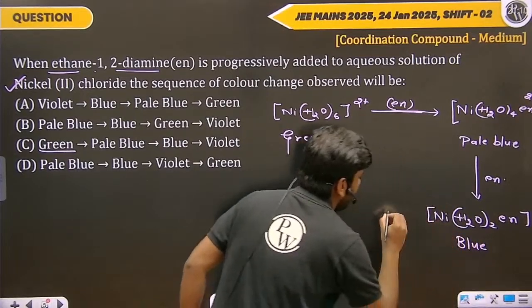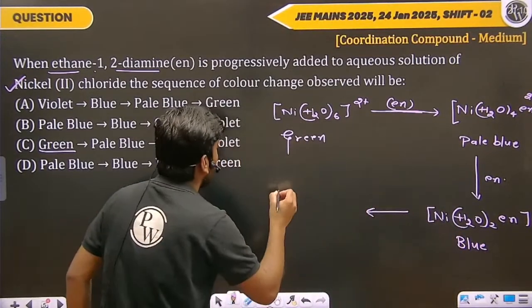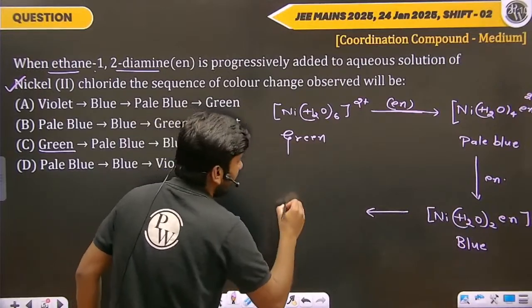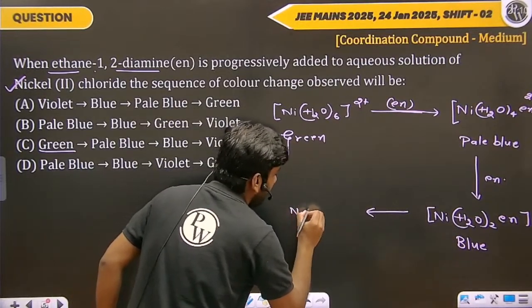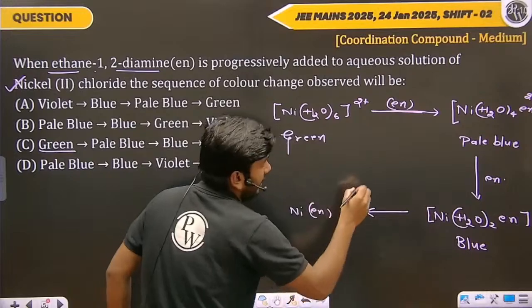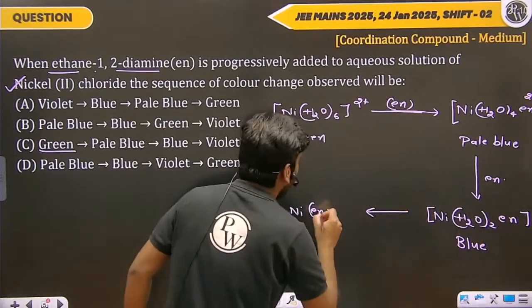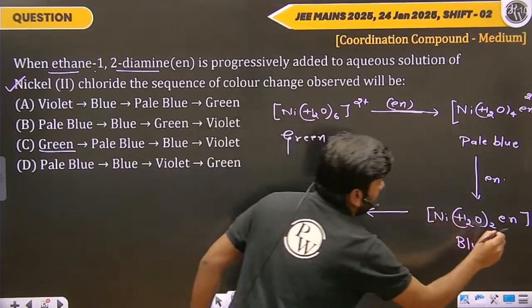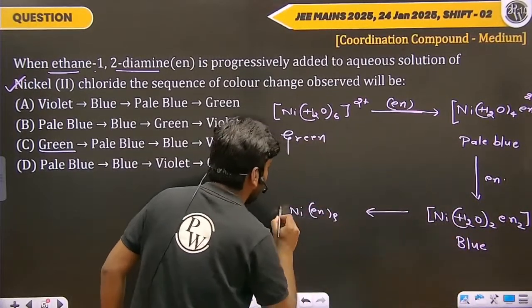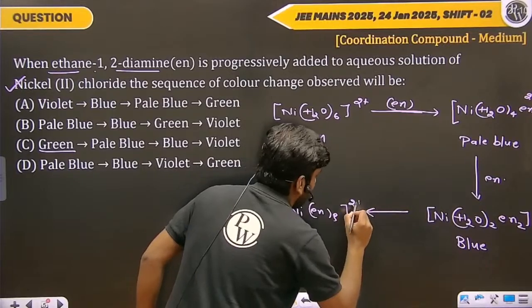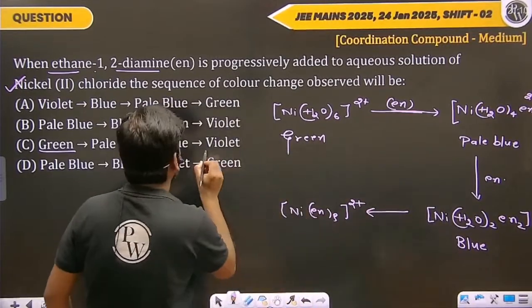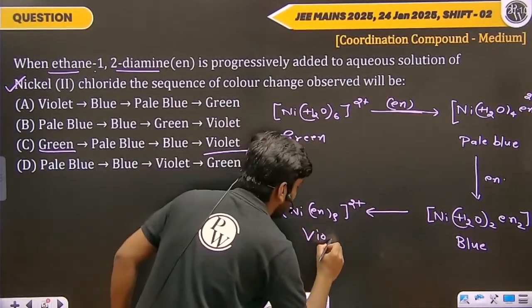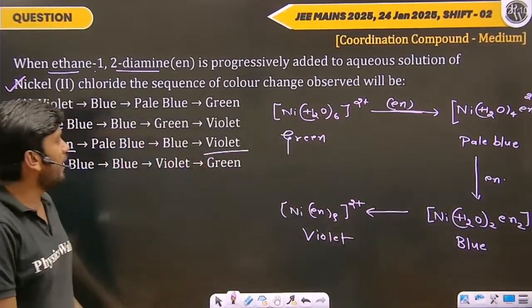The same question was picked by the NTA from the NCERT. Now the last one, nickel with en three, the 2 plus complex, would be violet color. No problem, I think it's a very easy question.